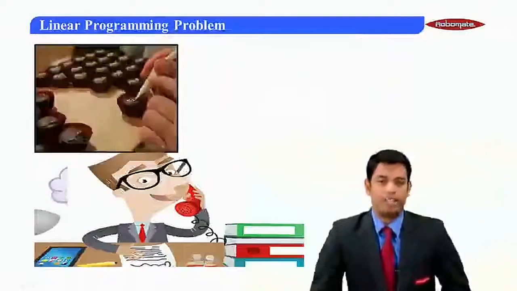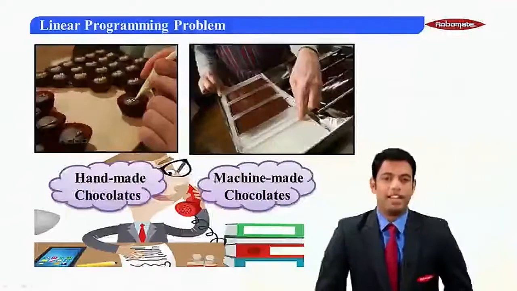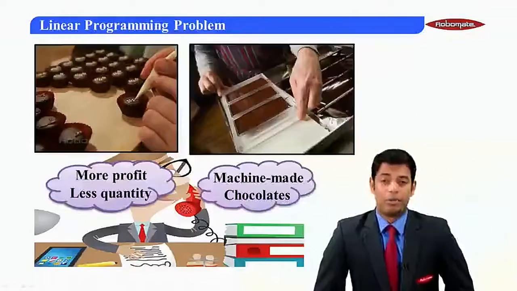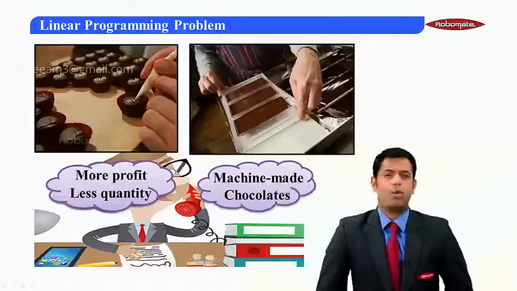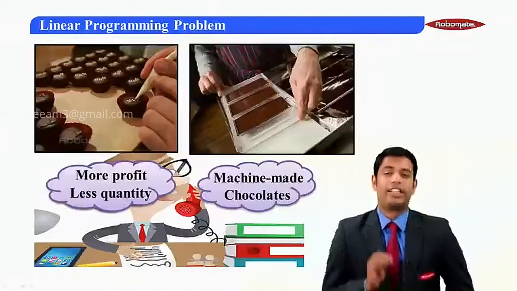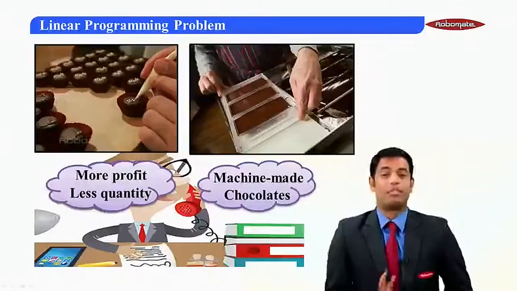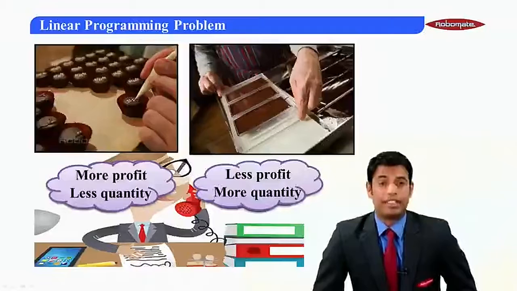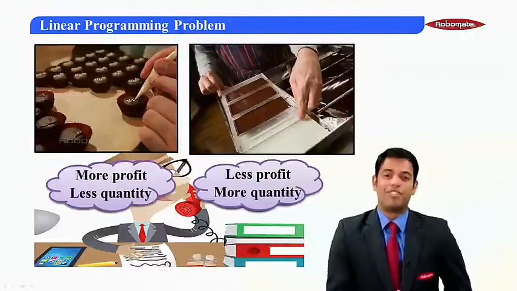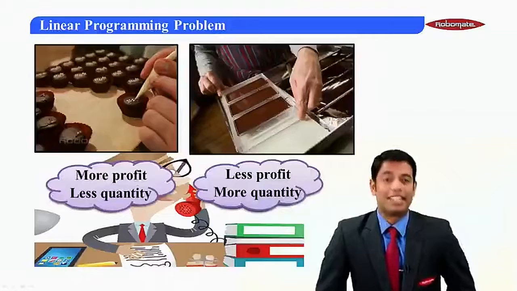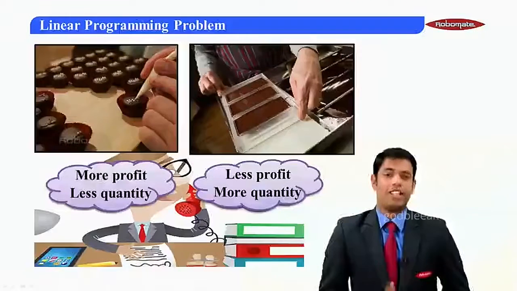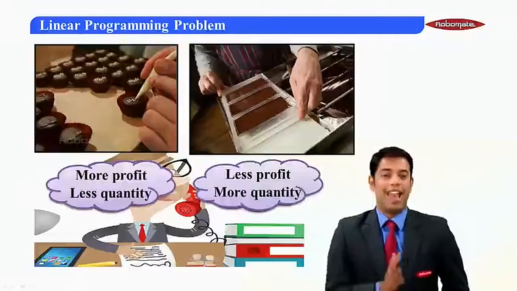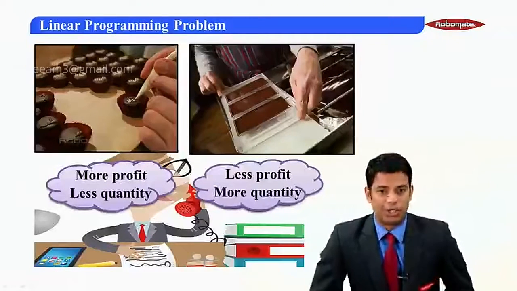Handmade chocolates can be manufactured only in limited quantity in a given period of time, whereas machine-made chocolates can be manufactured in huge quantities, because the process of manufacturing machine-made chocolates is mechanical. But the advantage with handmade chocolates is they drive more profit for the company as compared to machine-made chocolates.